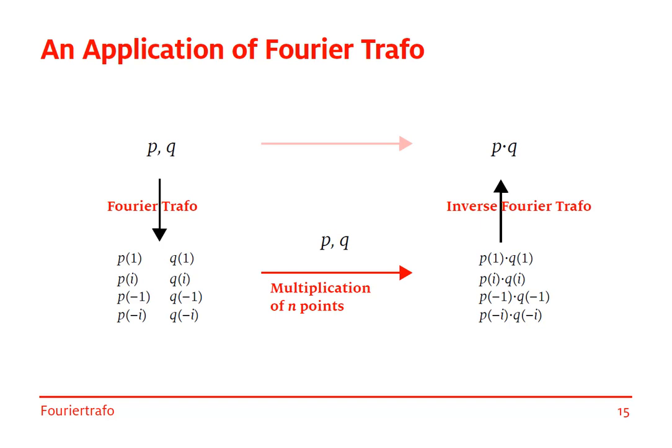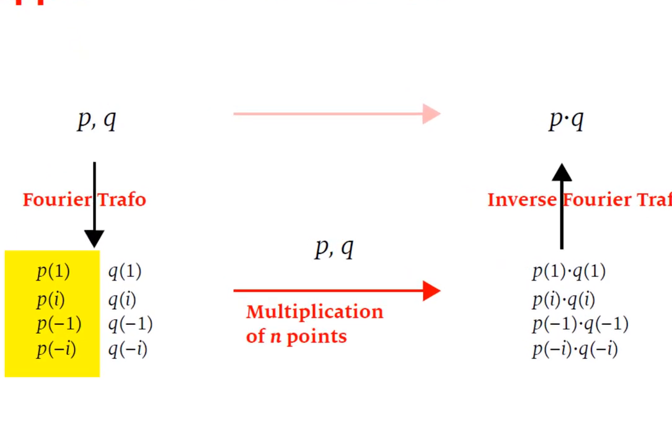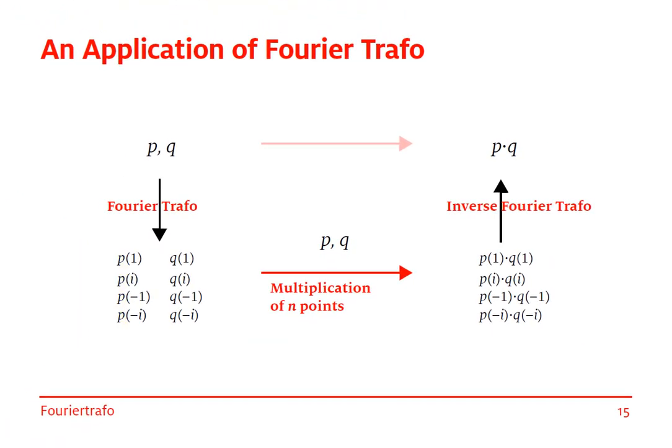We have two polynomials, p and q, and suppose that we can apply F4, the Fourier transformation matrix of degree 4. So we get 4 supporting points of the first polynomial, p(1), p(i), p(-1), and p(-i), and 4 supporting points for the second polynomial.